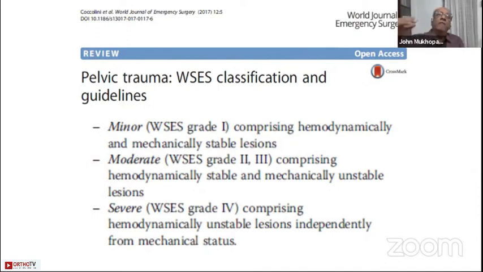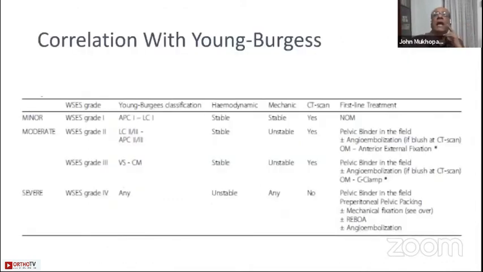They had 4 grades, WSES grade 1, 2, 3, and 4. And then depending on the type of WSES grade, they were divided into minor, moderate, and severe. So minor were the WSES 1 type of injury, moderate included the 2 and 3 grade types of injury, and the severe was the grade 4 type of injury, which was hemodynamically unstable patients.